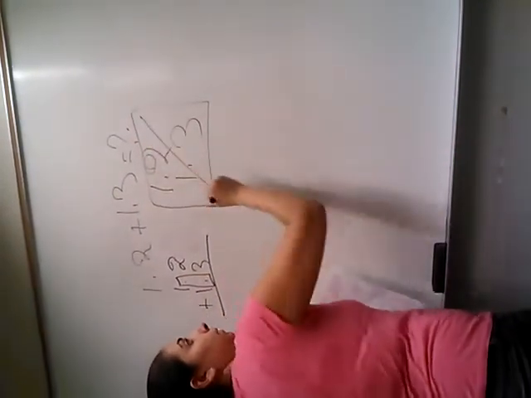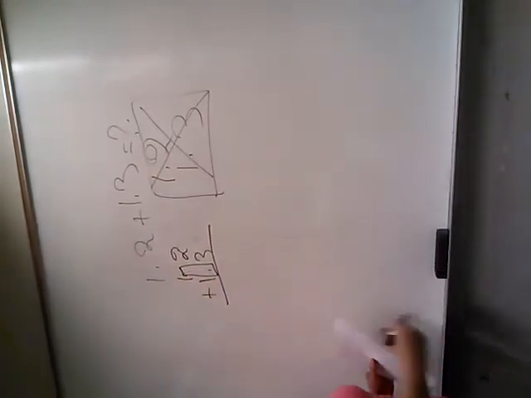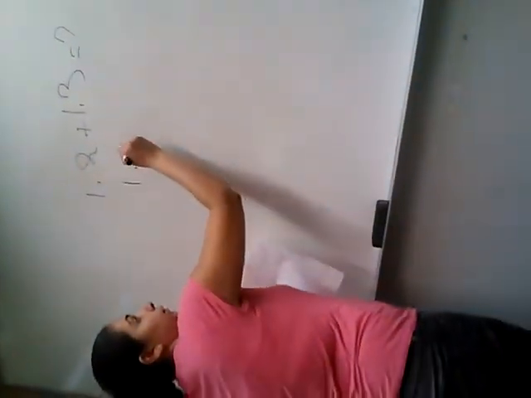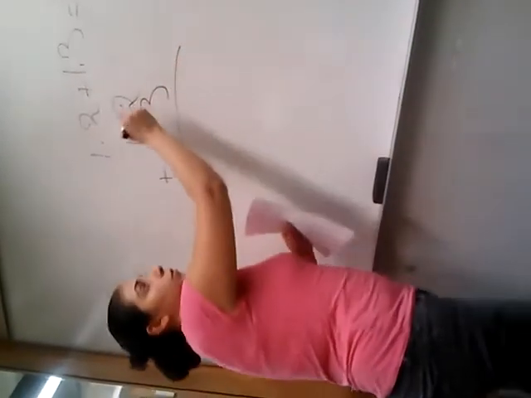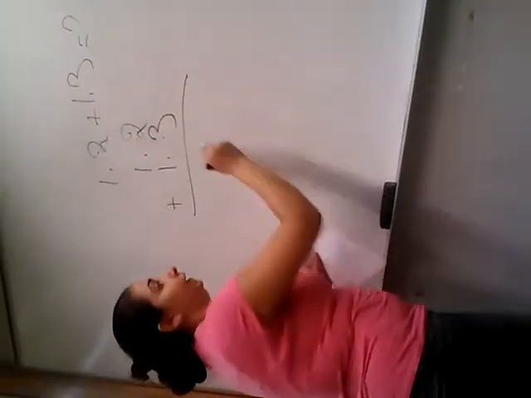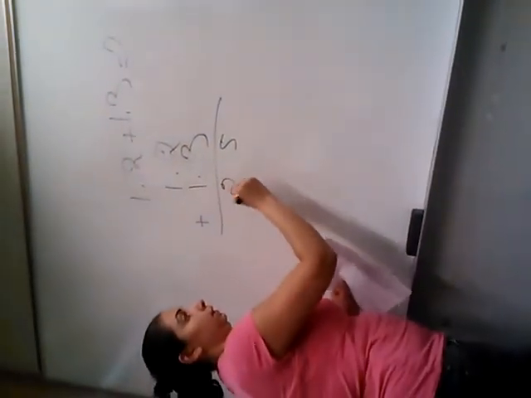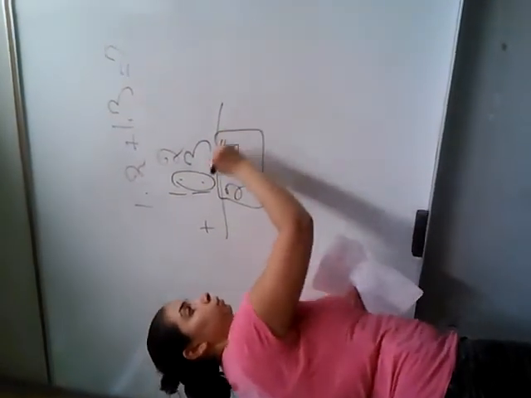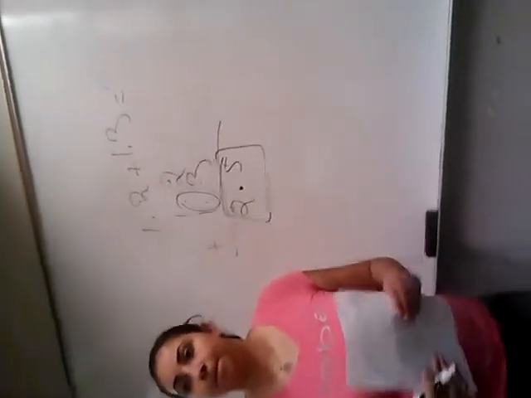We can't put them this way. So we're going to add those two numbers. 2 plus 3 is 5, and then 1 plus 1 is 2, and we put the dot, and we get 2.5. Any question? Okay.